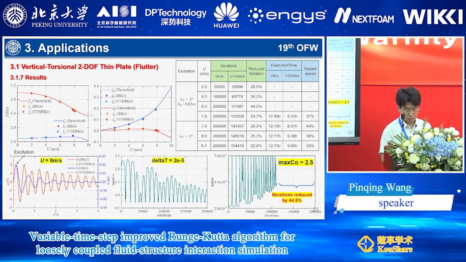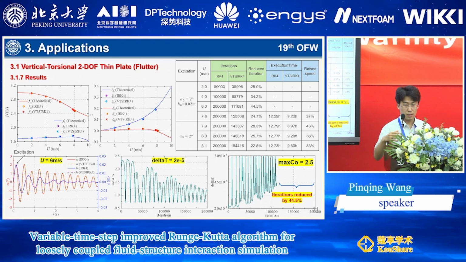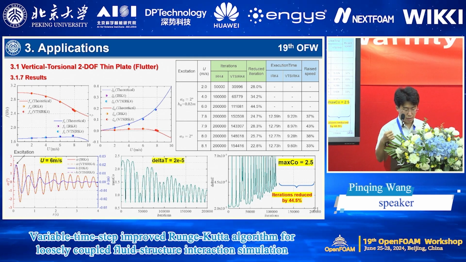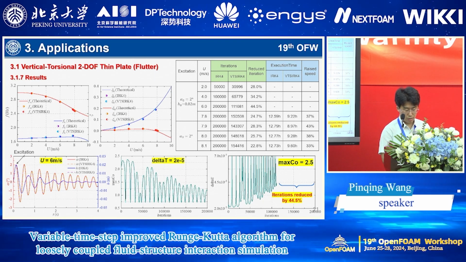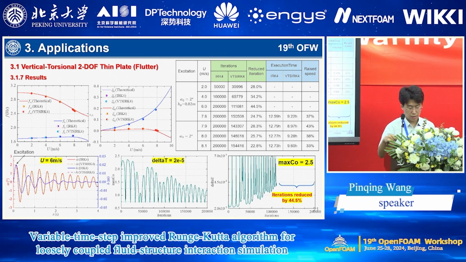Under varying mean velocity, we can obtain the time history and extract the frequency and the total damping ratio. It can also be found that the simulation results agree well with the theoretical solutions. VTSI-RK has the same accuracy as IRK.